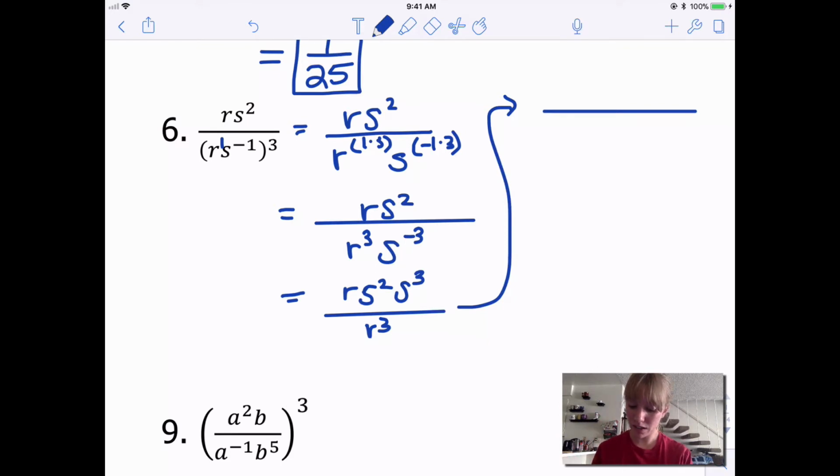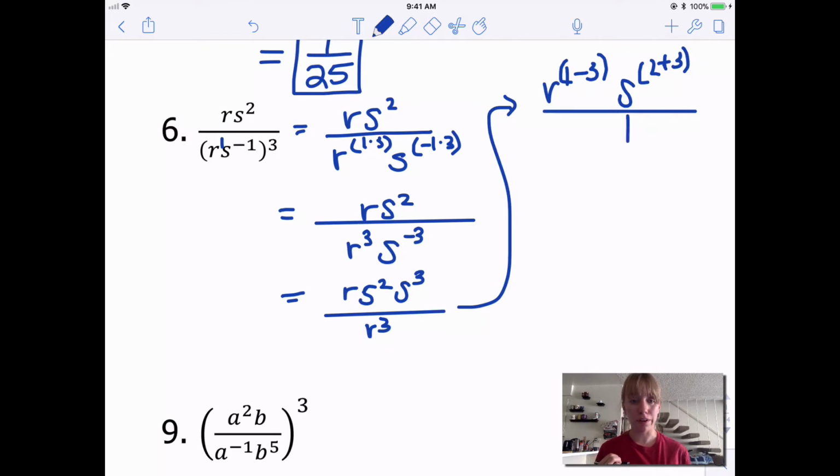So I can think about this as being r to the 1 minus 3 because of the quotient of powers property. And then I also have s squared times s cubed. That's our product of powers property. So I say s to the 2 plus 3.